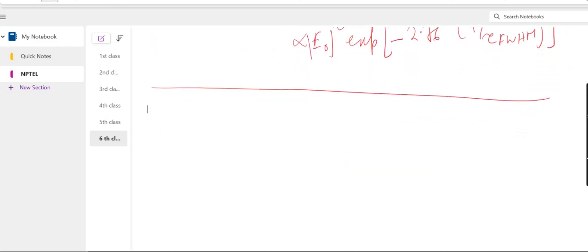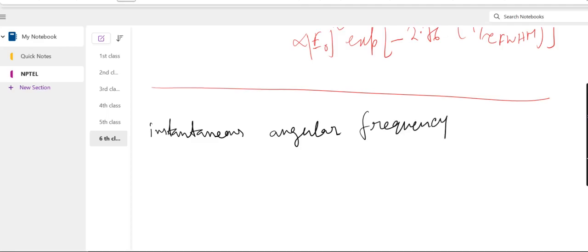Now here is a thing called instantaneous angular frequency, which the professor has already discussed in class, how we get there.